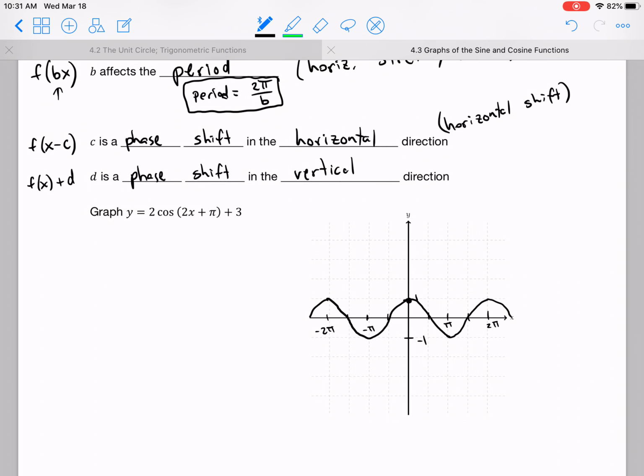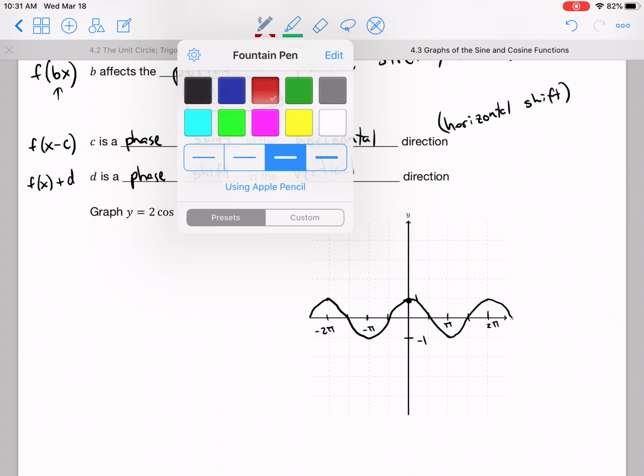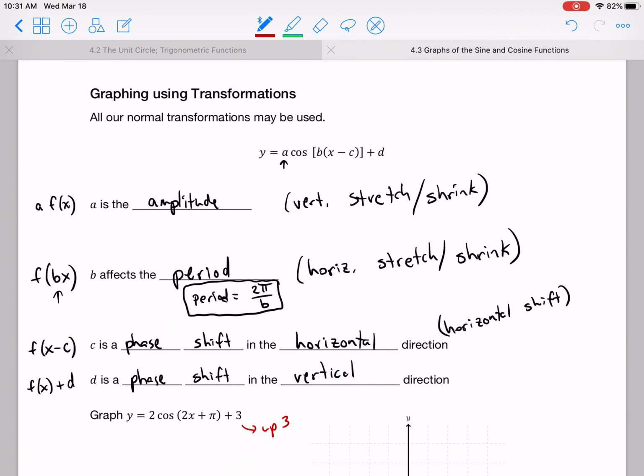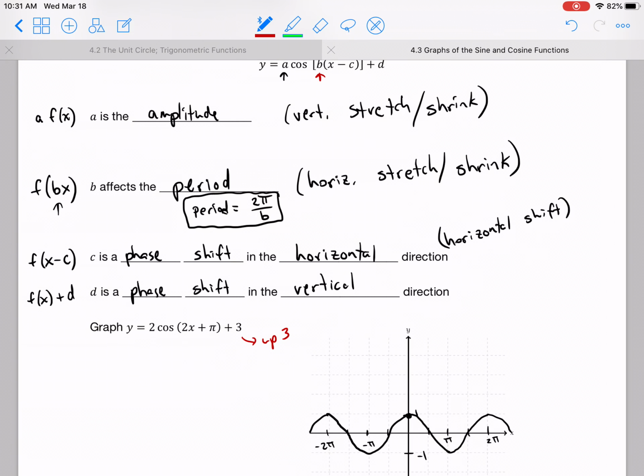Some of the things we see here that we're going to have to do, we're going to have to go up 3. We have cosine of 2x plus pi, but if you look back up here, this b is out in front, and then x minus c. So we need to change this a little bit.